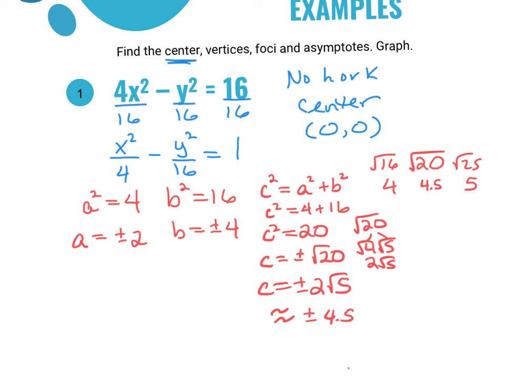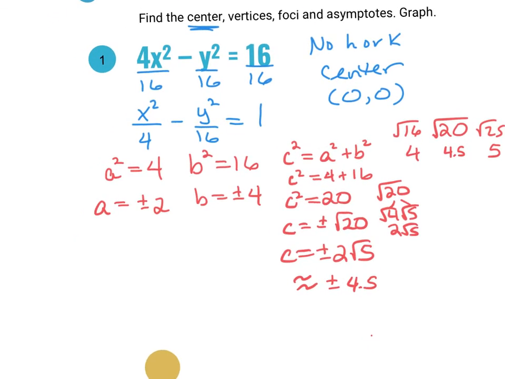All right, so next I need to find the vertices. That's the next thing they're asking me to find. The vertices use the a value. If you recall from, I believe, 2 slides ago, when the center is at 0, 0, and your graph touches the x-axis, you can find the vertices by just doing plus and minus a, comma 0. You're going to add the a to the center, and the variable that you added to is what you saw first.